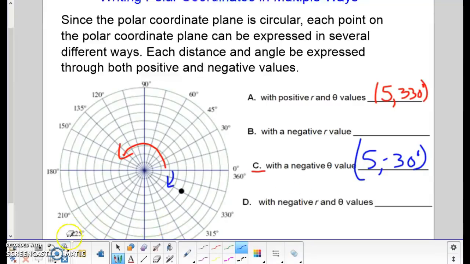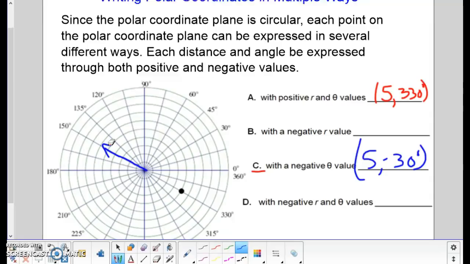Now the next part's a little trickier because it's a negative radius. If I'm starting at the origin and facing this dot, moving toward the dot is the angle that gives you a positive radius because you're moving from the center out. If I want to think about this as going the other way, my radius is at the 150 degree direction.